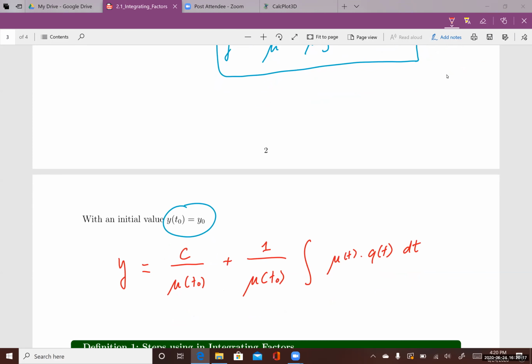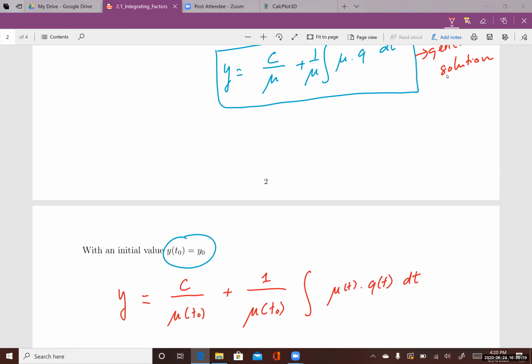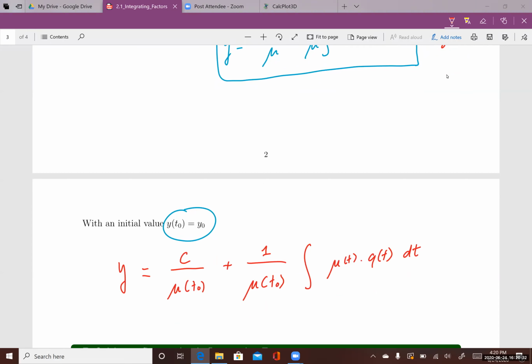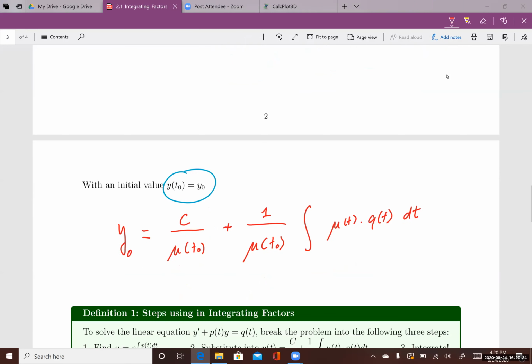If you can find an elementary function for this integral, then you plug t0 and y equals y0 here to find c.